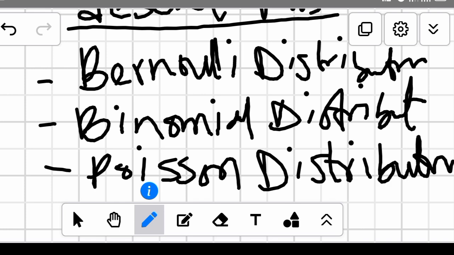These are the three types of discrete probability distribution. We're going to pick them one after the other and explain them. Now we're going to start with the binomial distribution first.